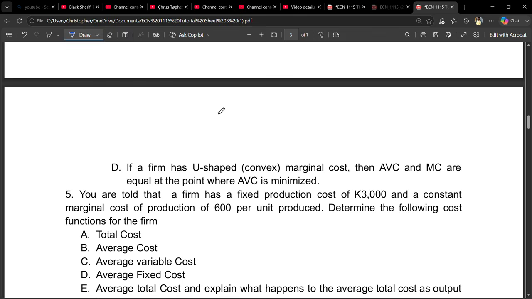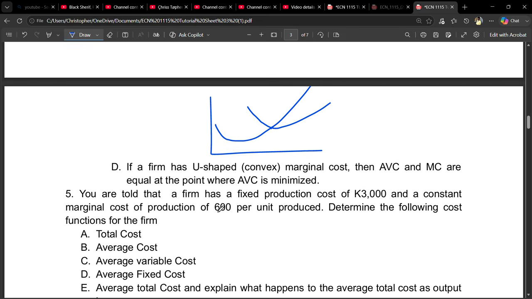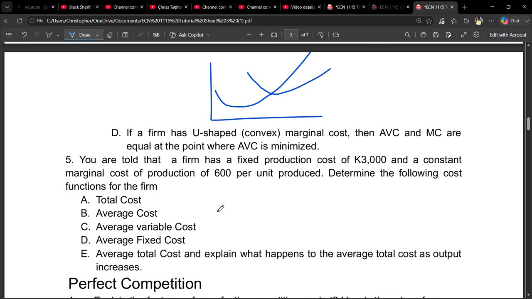This is true because if they are U-shaped like that, AVC is going to be like that, so they are going to meet at the minimum there. That's the graph you can also illustrate with.